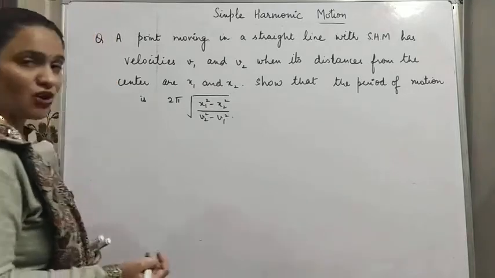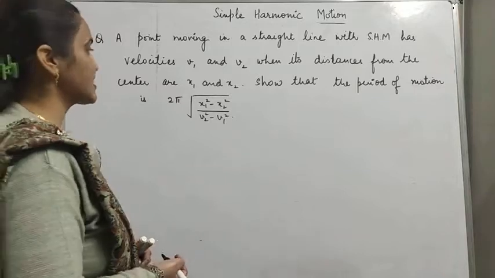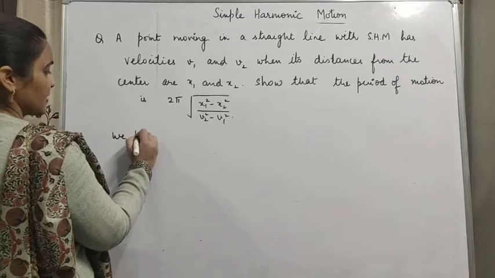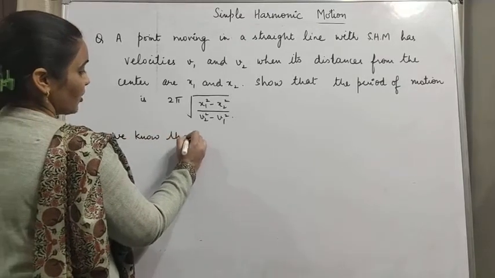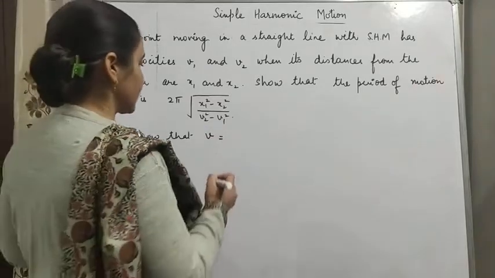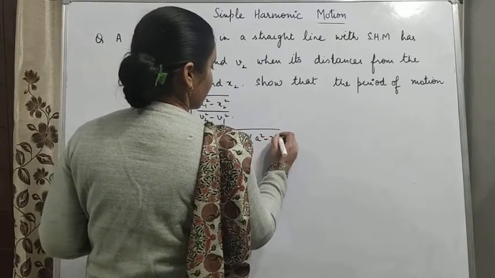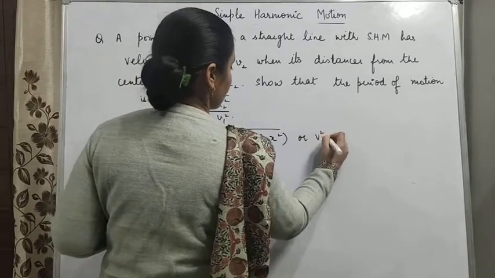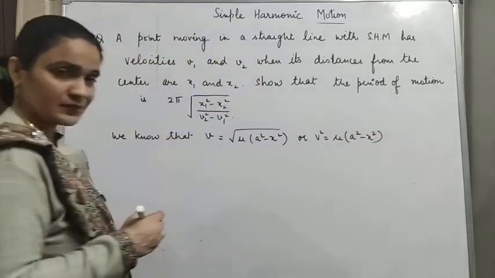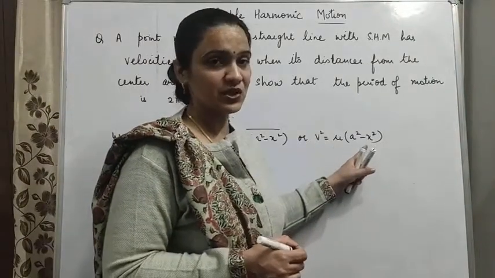So we know that the velocity at any position x and at any time t is given by v is equal to under the root mu times a square minus x square, or v square is equal to mu times a square minus x square. Clear? This is the expression for velocity at any time t and at any position x.